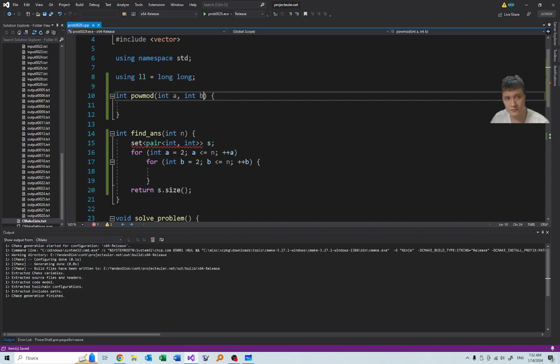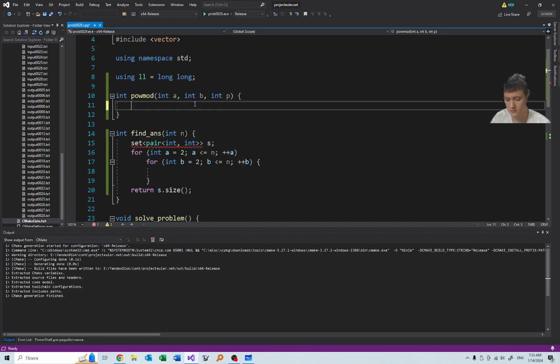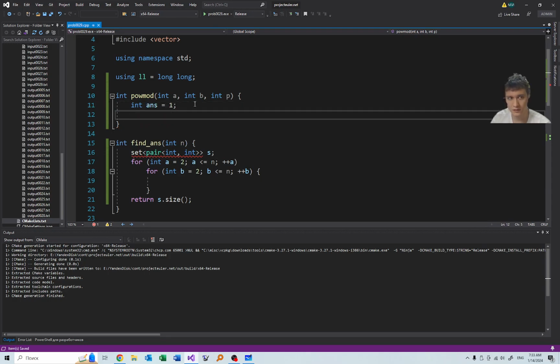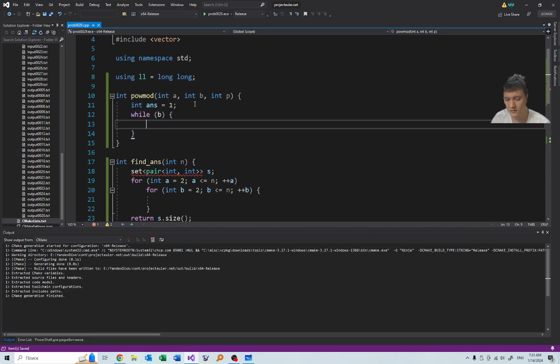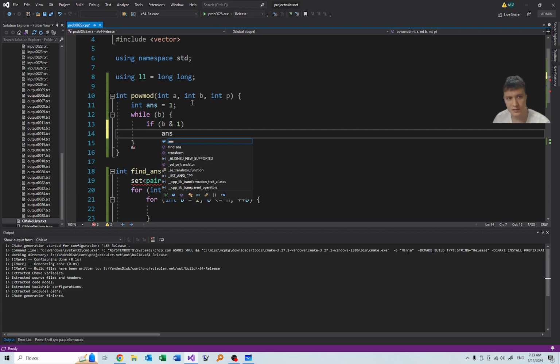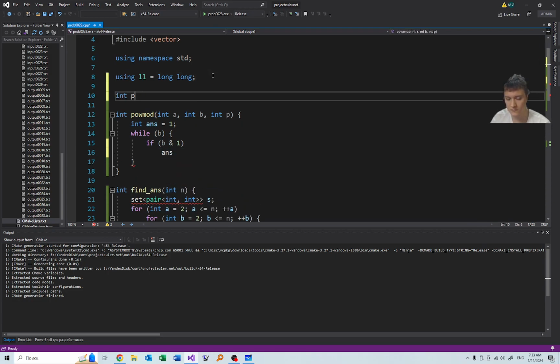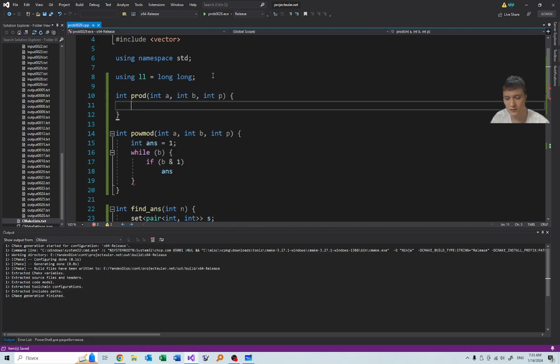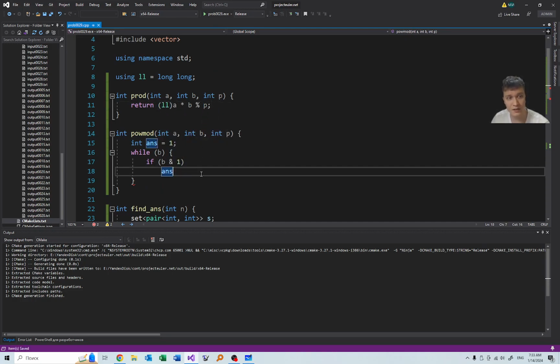Here we simply return int ans equals 1, while b, we say that if b and 1. Let's also write a function product of int a and int b in some modulus. We return long a times b percent p. Okay, answer.